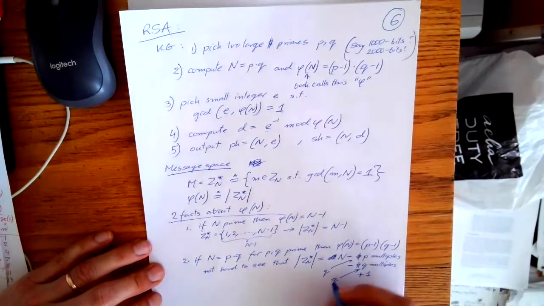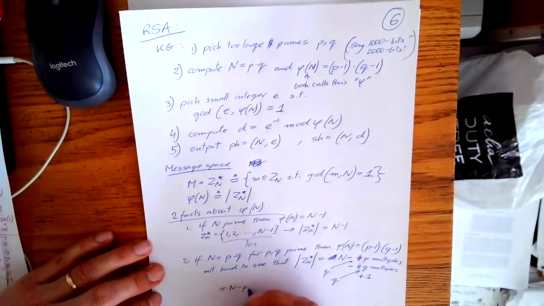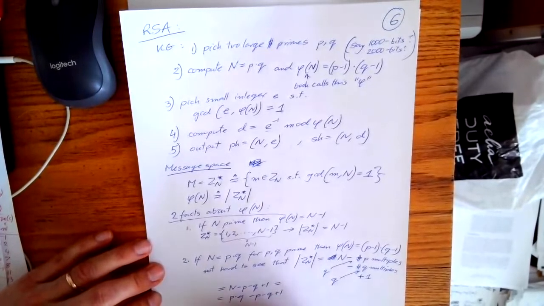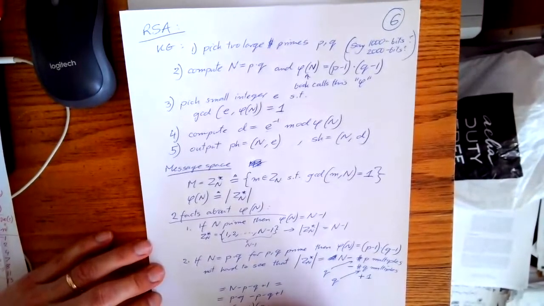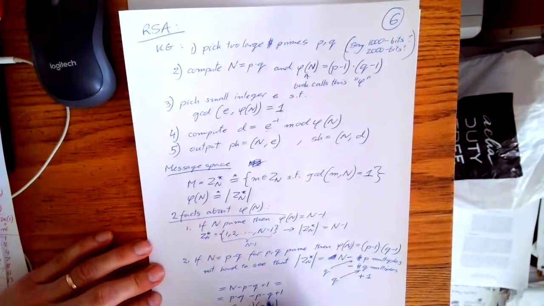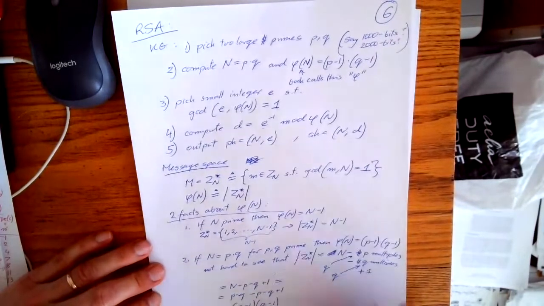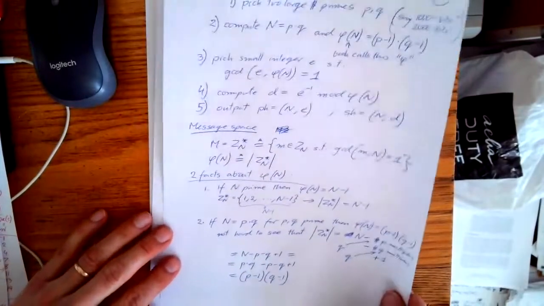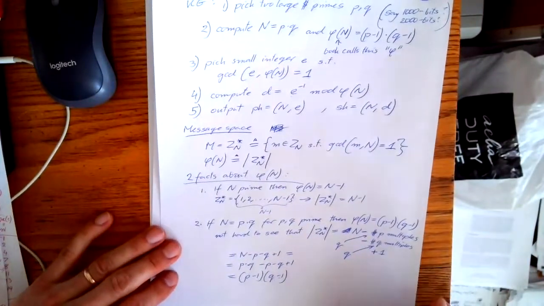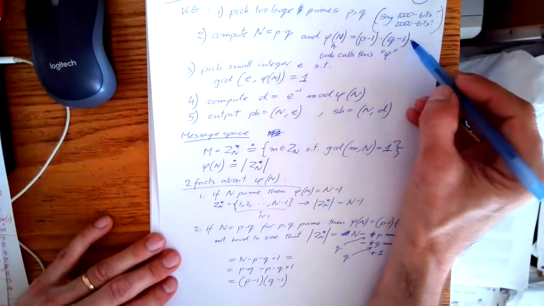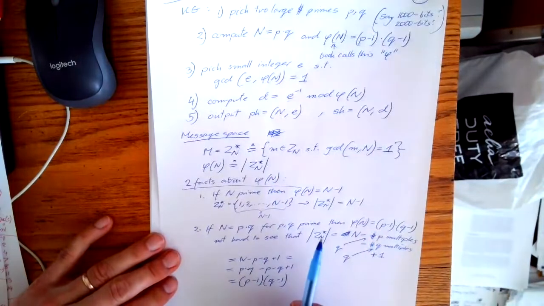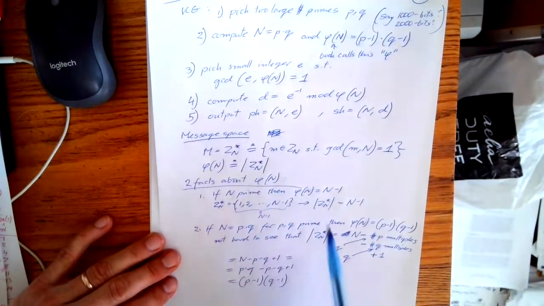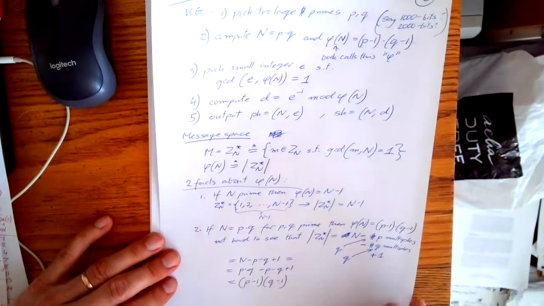So that's why this is n minus p minus q plus 1, and since n is p times q, it's p times q minus p minus q plus 1, and you can see that this is the same as that. Just cross multiply and you will get p times q minus q minus p plus 1. So that is an elementary argument that this is a correct expression for the number of residues which are coprime with n if n is a product of two primes.